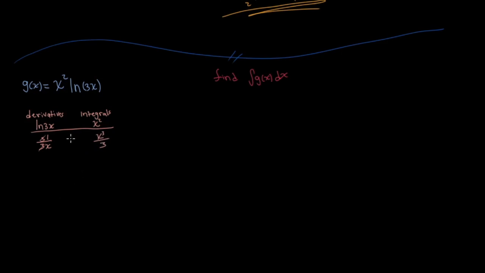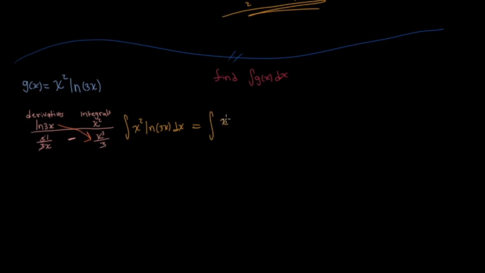In a similar manner, we're going to put our minus sign here and draw our arrow, and then we can start the integration. The integral of x squared ln 3x dx is equal to ln 3x times x cubed over 3.